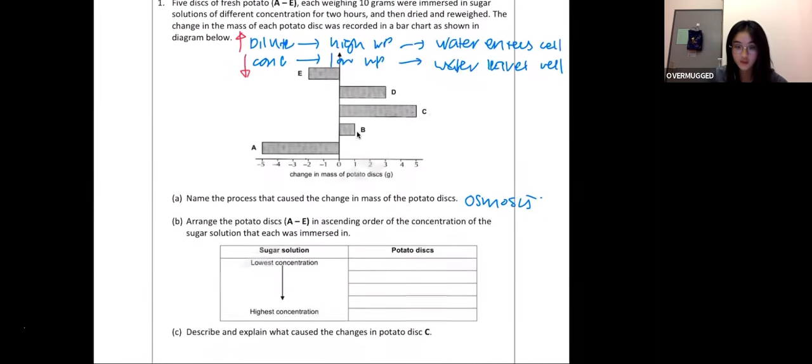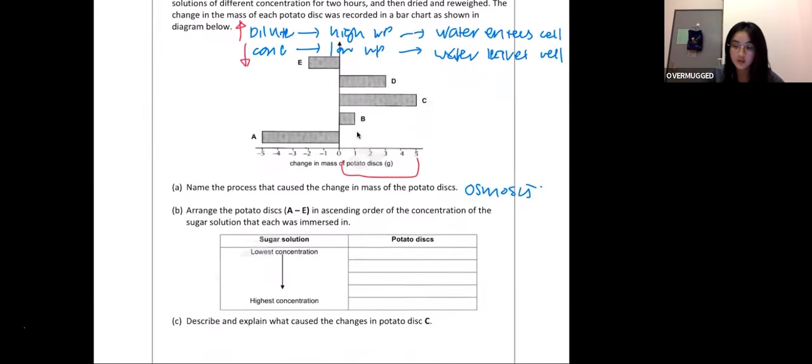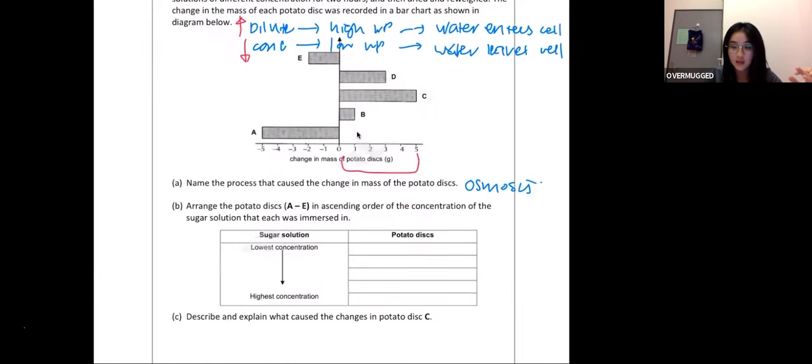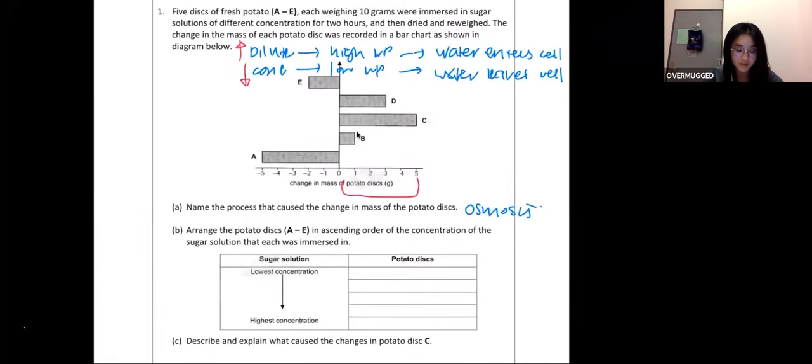As you can see, if there is an increase in mass of the potato strip, it has to have been put in a dilute solution, so that water from the dilute solution enters the cell. Then you're asking, how do I know how diluted it is or how concentrated it is? The steeper the concentration gradient, the more water molecules will move across.